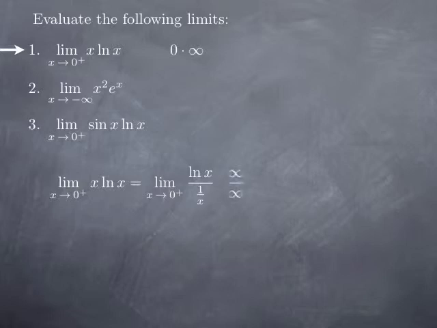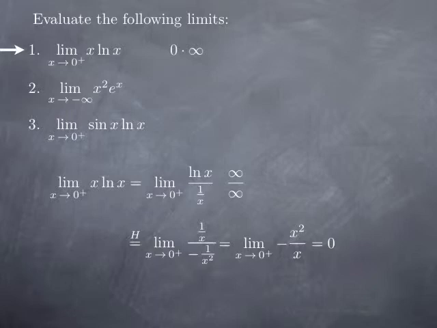Now what we have is an indeterminate form of the type infinity over infinity, and we can apply the rule of de L'Hopital to the effect that the limit is the same as the limit of the quotient of the derivatives. The derivative of ln of x is 1 over x, the derivative of 1 over x is negative 1 over x squared. We can rewrite this quotient as negative x squared over x, which is really just negative x. And the limit of negative x at 0 is 0, therefore our limit is 0.